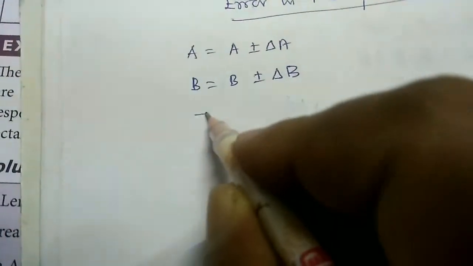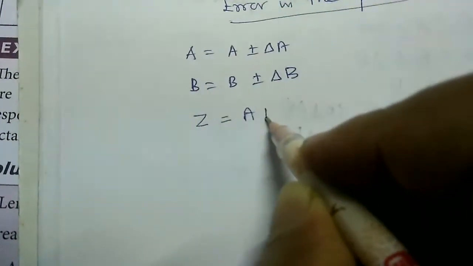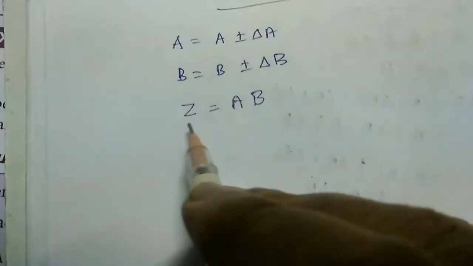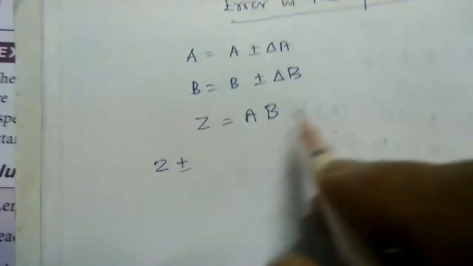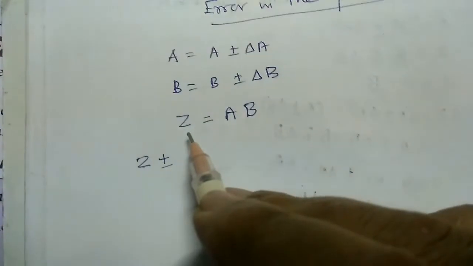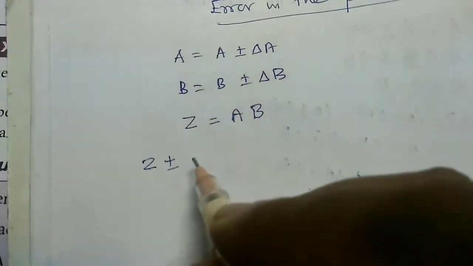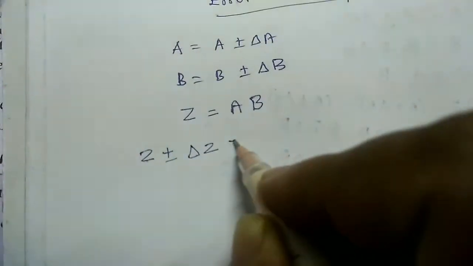Now I take the product of these two quantities, Z equals A B. So in the product I also have some error, that is, there is error in A and also error in B, so also error in Z. So Z plus or minus del Z.